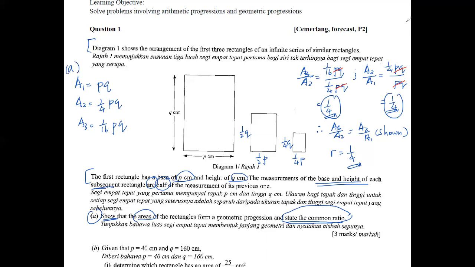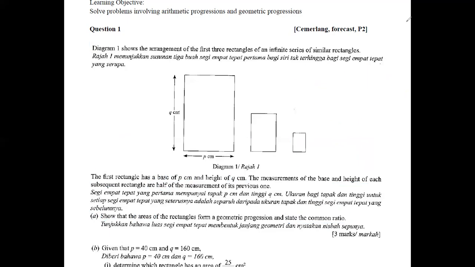Okay, let's move on to part B. Part B is given that P is 40 and Q is 160. Determine which rectangle has an area of 25/256. What is the question actually looking for? They say which rectangle, and we know that it is a geometric progression.